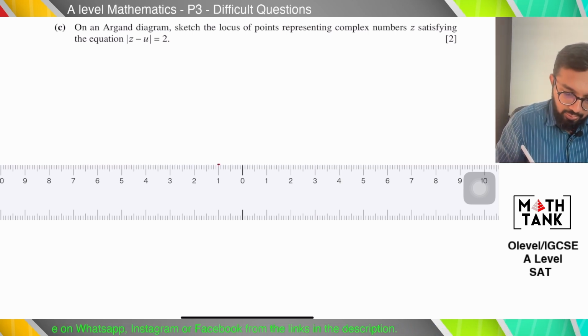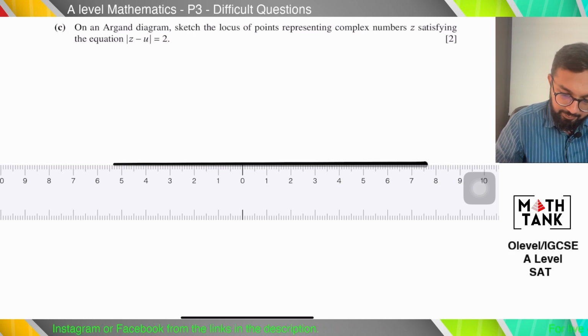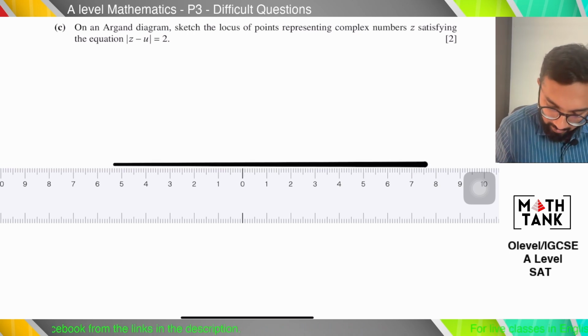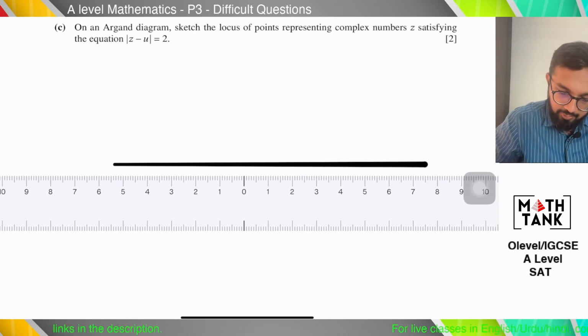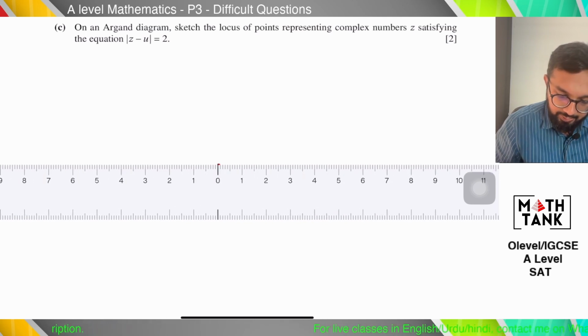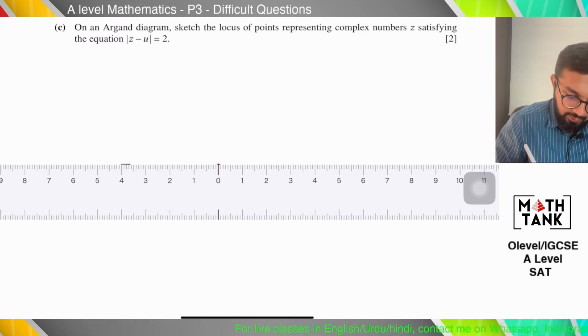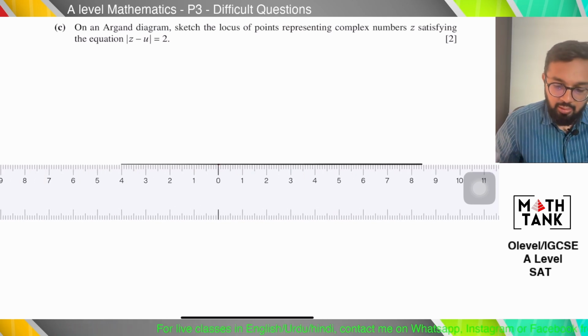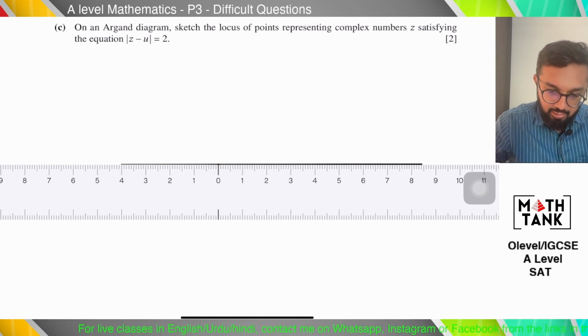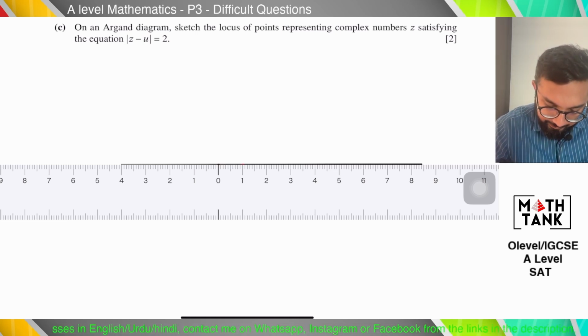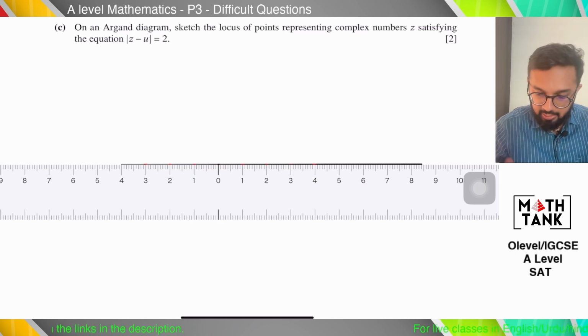I don't know why it's showing up as a thick line. Let me just draw this. Okay, and then marking my minus 1, minus 2, minus 3, and minus 1, minus 2, and minus 3.